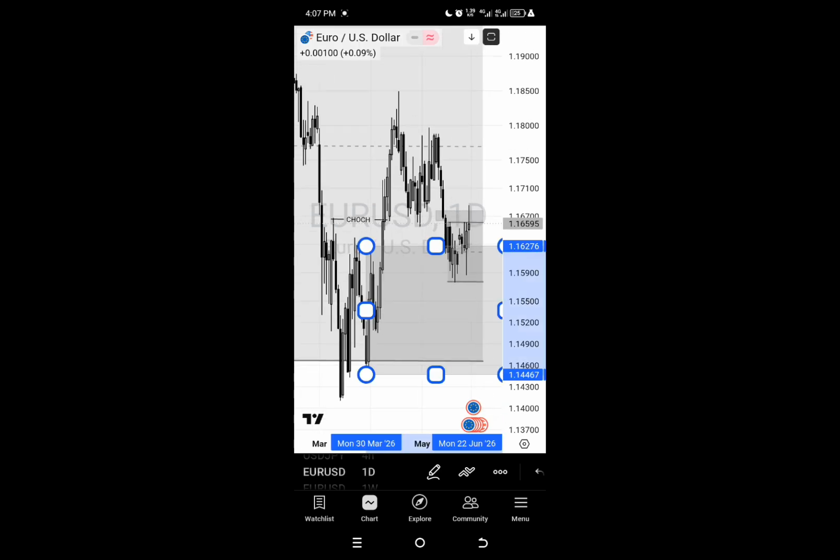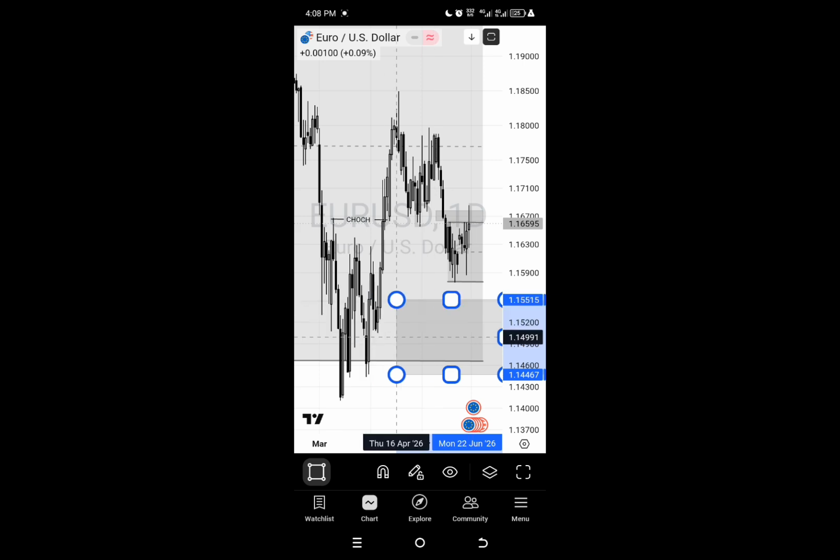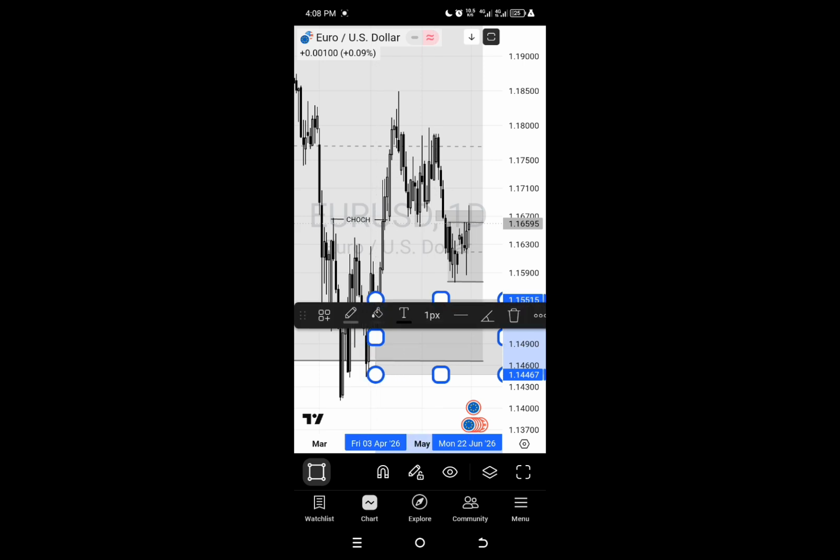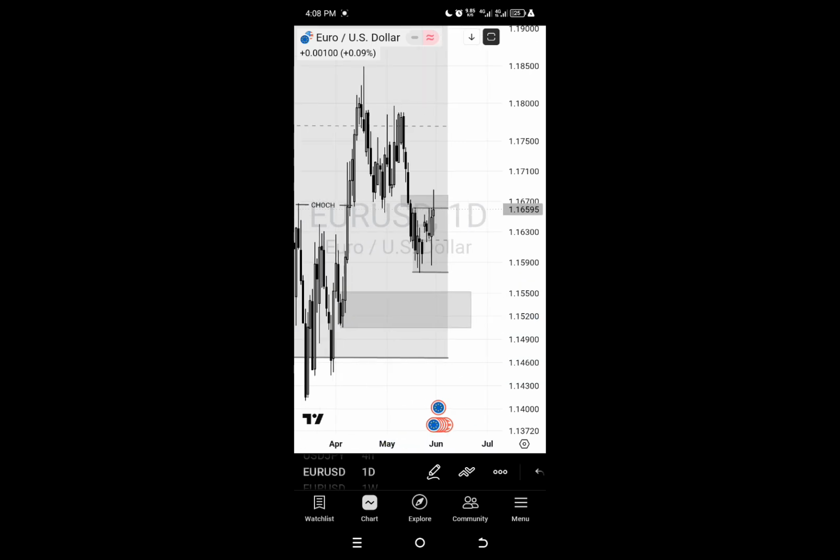Okay, let me further refine my analysis, my key levels on the 1 day time frame.